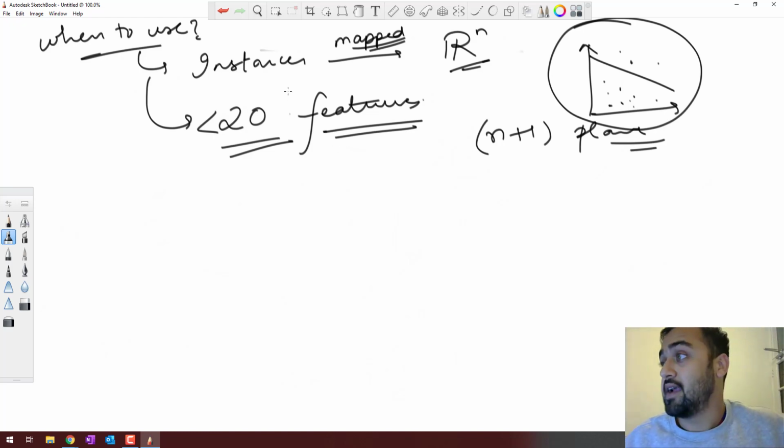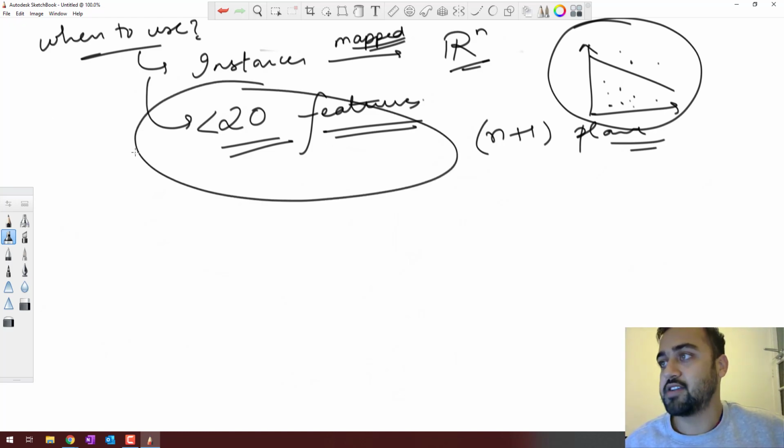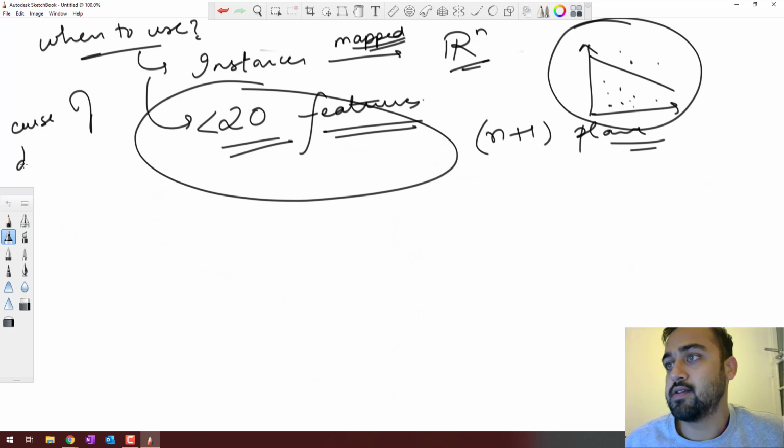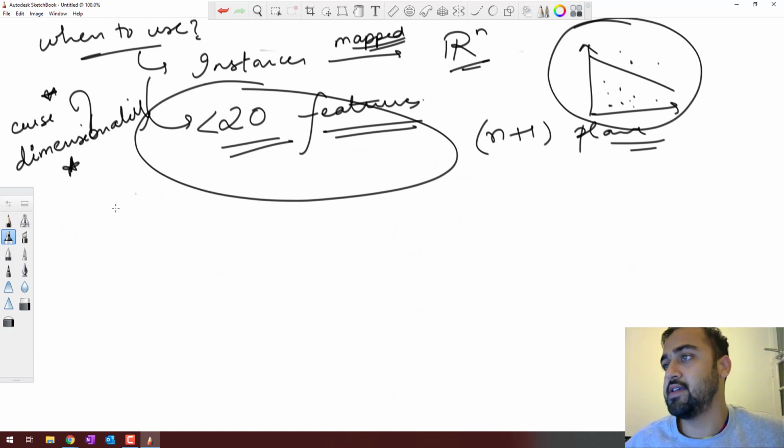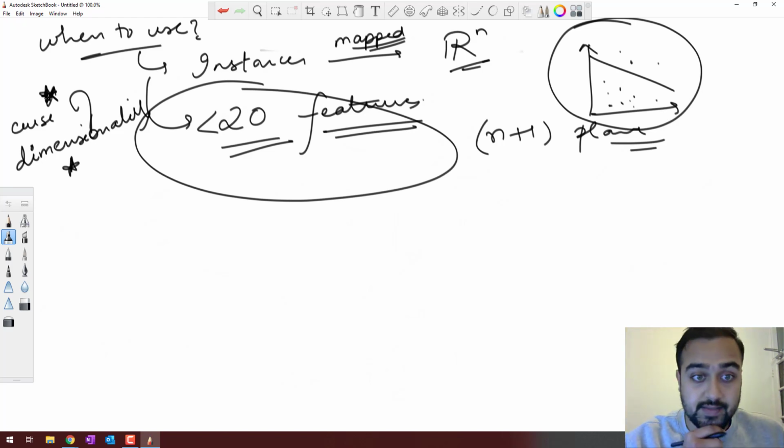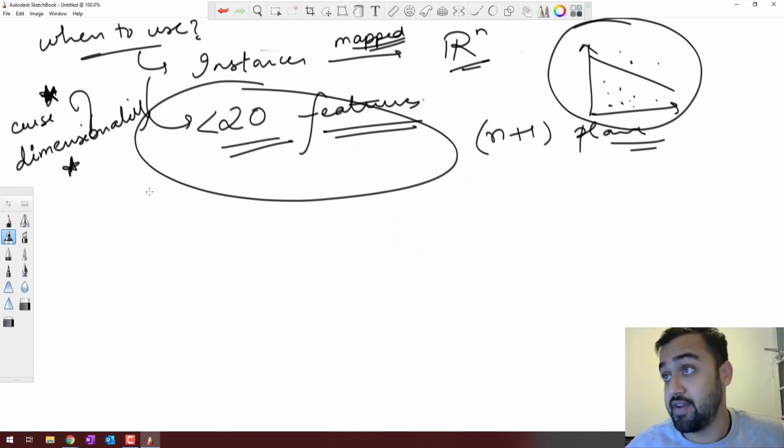So it is not very efficient to use a larger number of features because it increases our dimensionality. This is also called the curse of dimensionality, because as the features increase, our dimensions also increase, hence processing time also increases. Hence it's not very efficient.